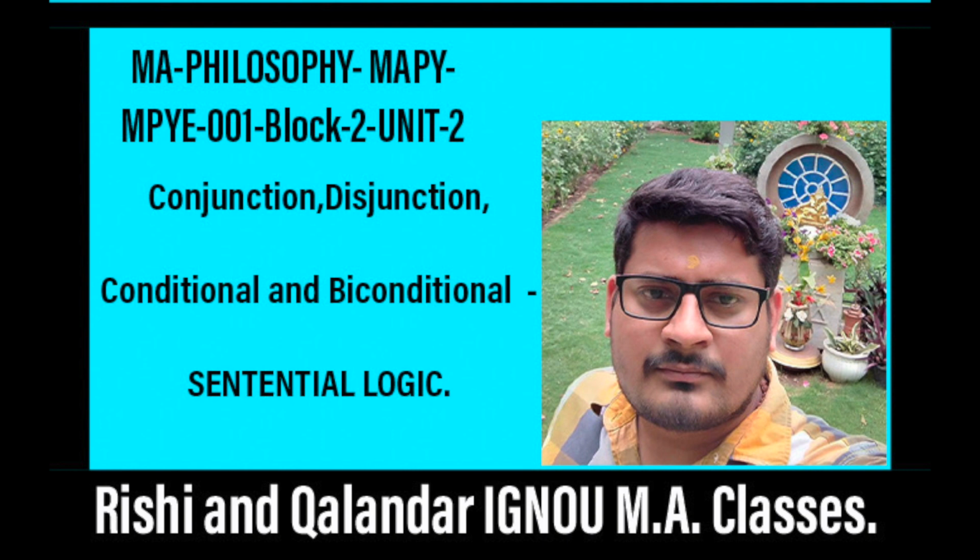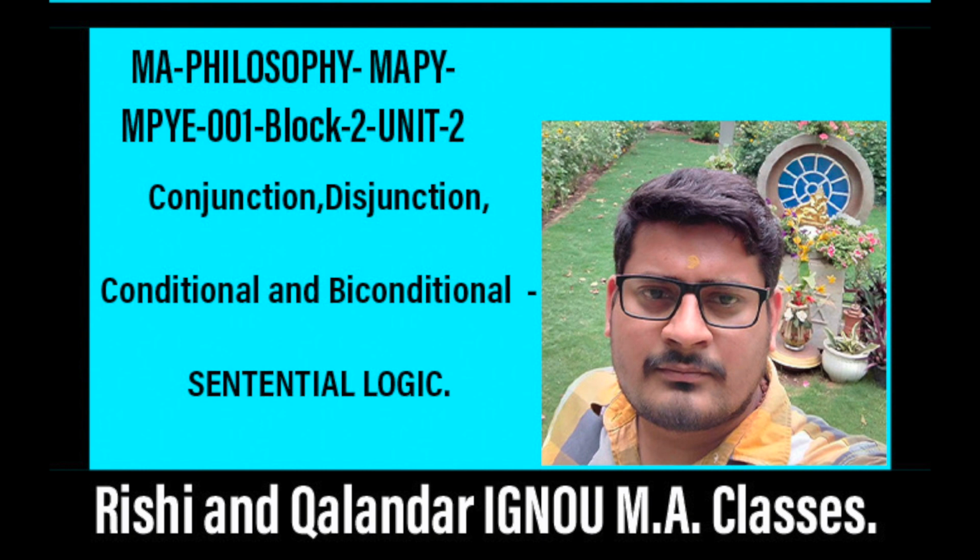Table number 6. P, Q, P ≡ Q, P ⊃ Q, Q ⊃ P, and (P ⊃ Q) ∧ (Q ⊃ P).